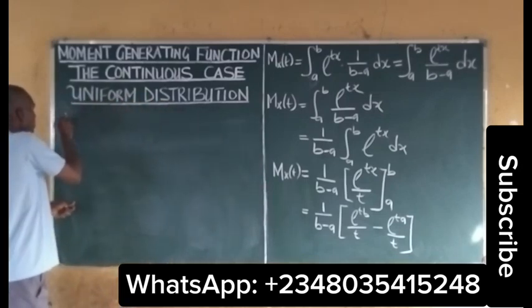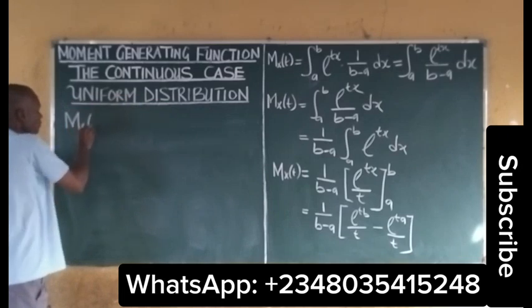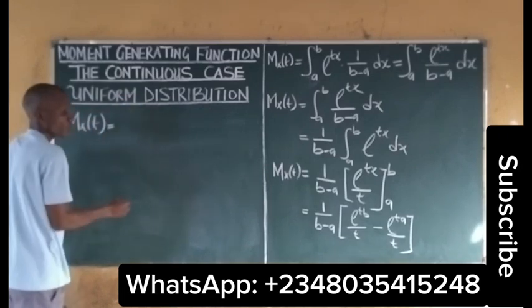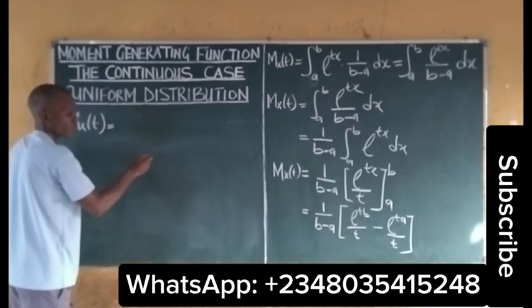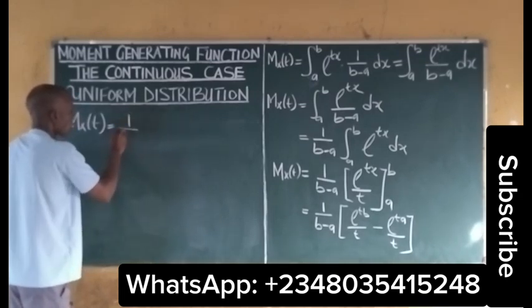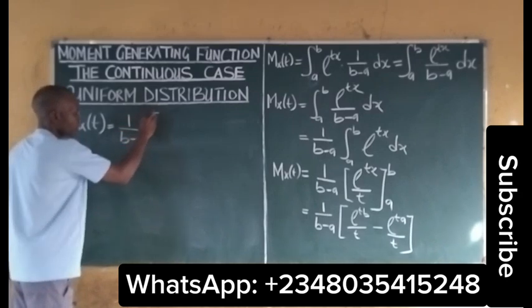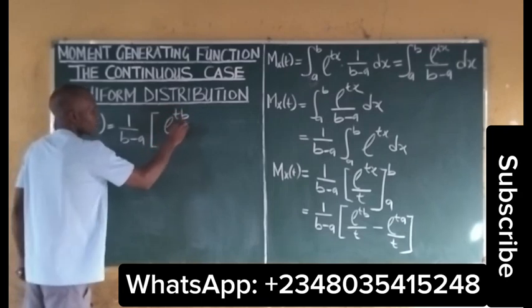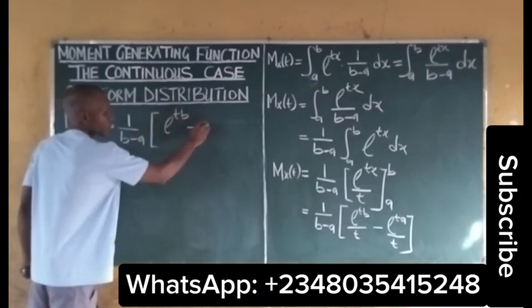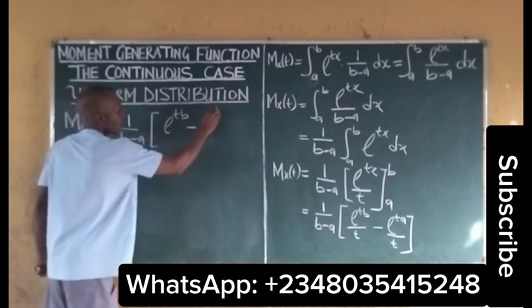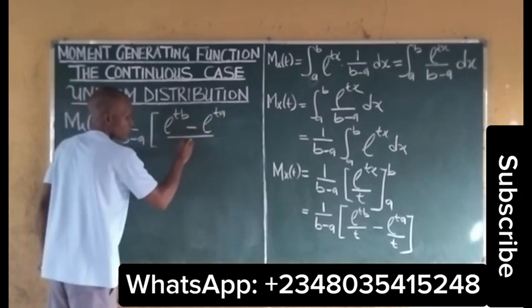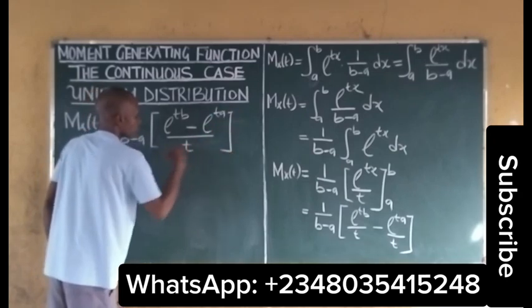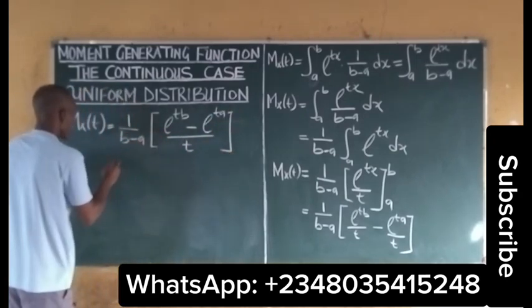We can now write our moment generating function to be equal to 1 all over b minus a times e to the tb minus e to the ta all over t. So we multiply this by this.